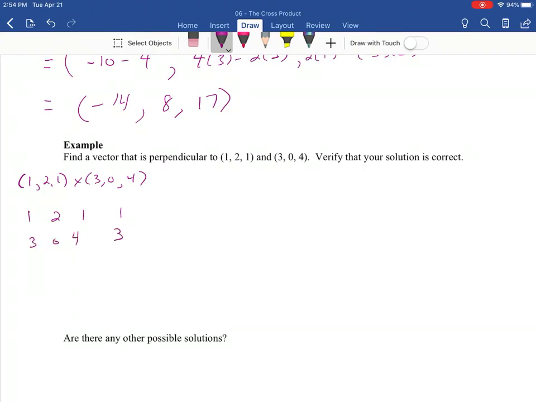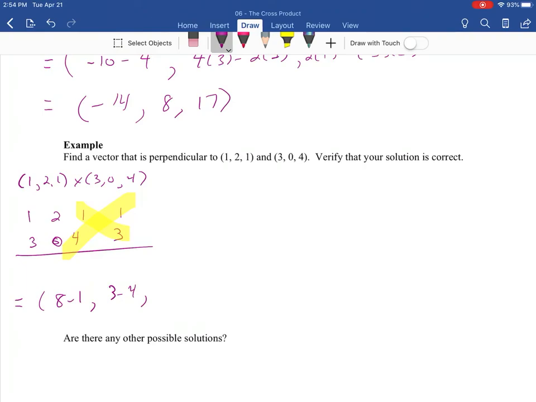Here comes the whole procedure again. Write the first vector out, 1, 2, 1, rewrite the first component. Write the second vector, 3, 0, 4. Rewrite the first component. And then, to find the cross product, to do the first one, there's the cross multiples, 8 minus 1.